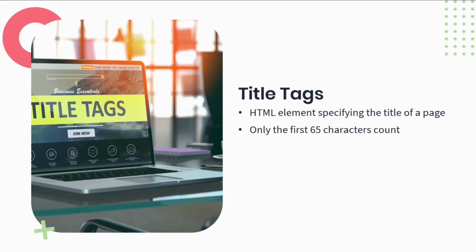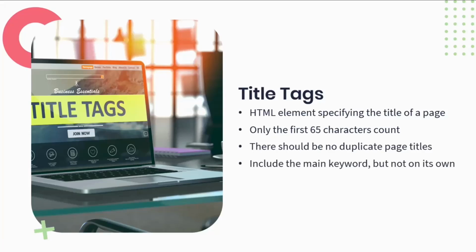I think it goes without saying that there should be no duplicate page titles. So each page on the website needs to have a unique name. And as I mentioned, you need to include the main keyword, but not on its own. So if your keyword is project management, you don't just include that as your page title. You would say project management for businesses, or project management methods for an individual, more specifically what that content is about, not just the main keyword.